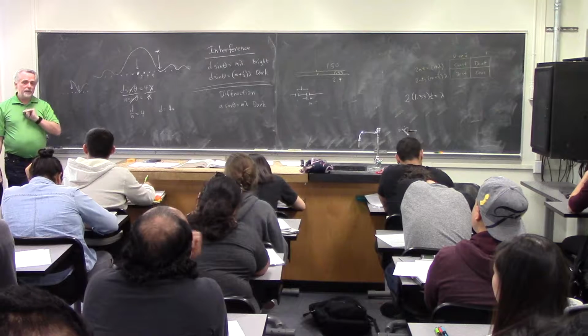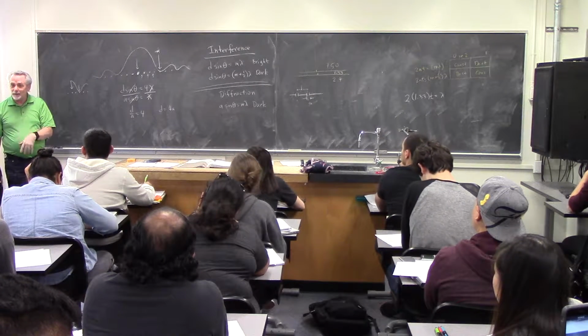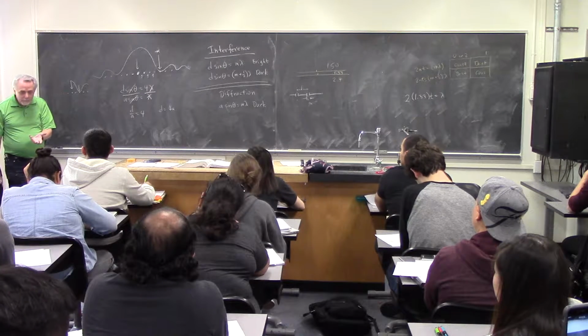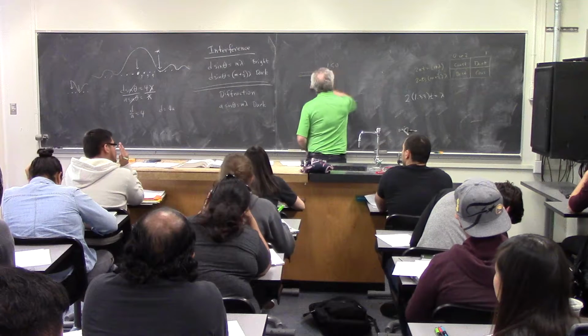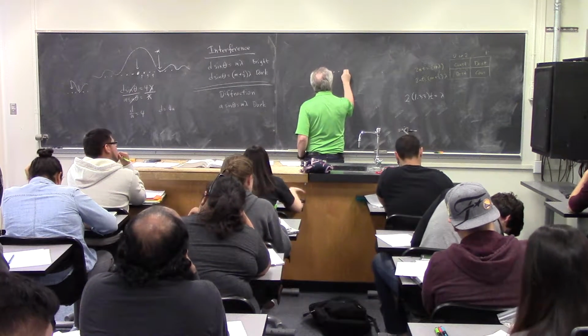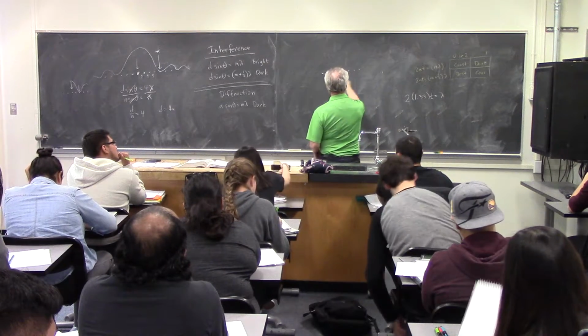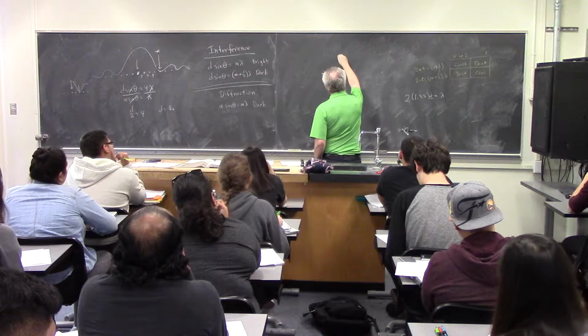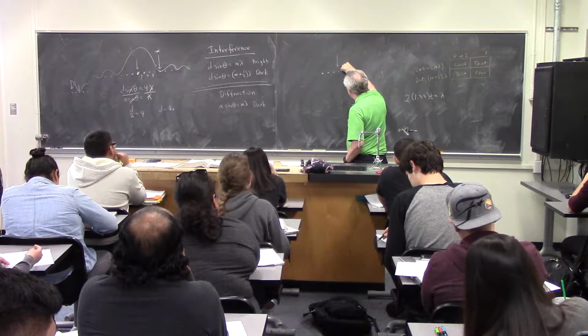Now what if I said that the first diffraction minimum matches the third interference minimum? So again, make our picture. Here's the center, and here's my interference 1, 2, 3.